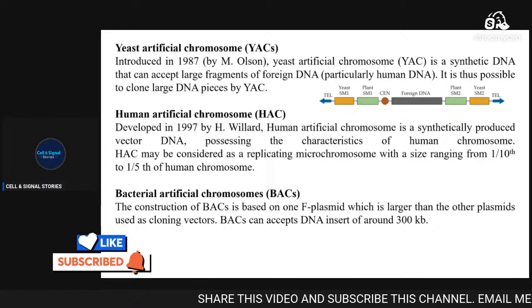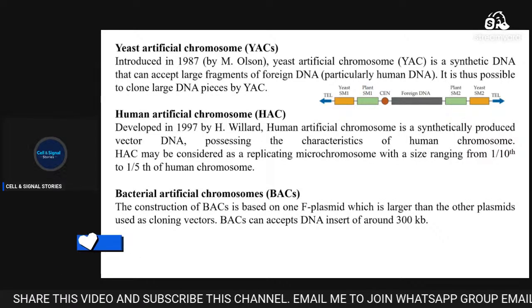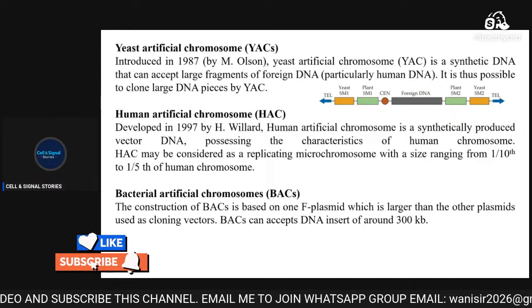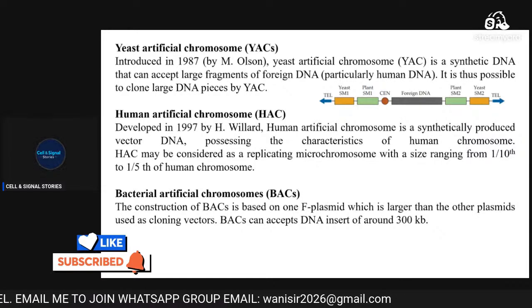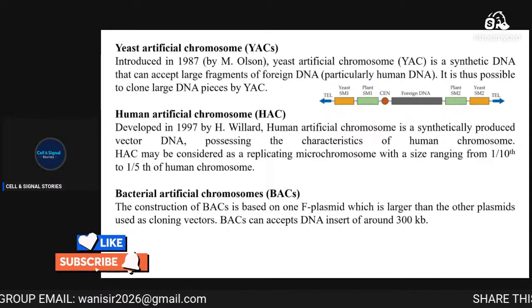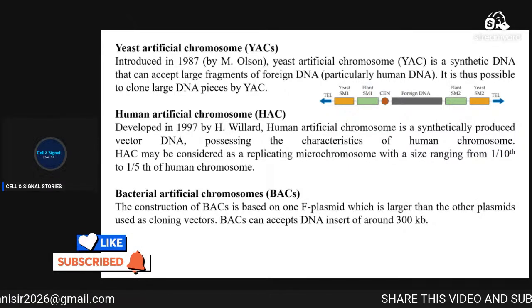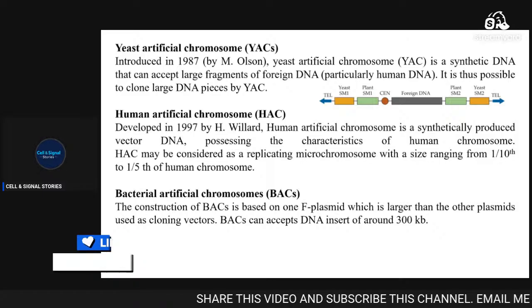And if we need to clone even longer DNA, human DNA, we use the human artificial chromosome or yeast artificial chromosome, depending upon the size of the DNA. So we need to understand the purpose of each of these.